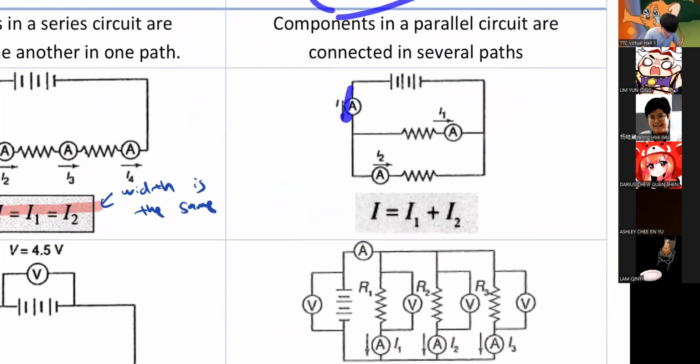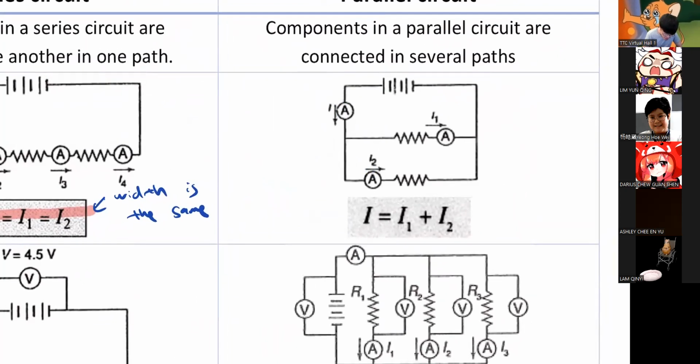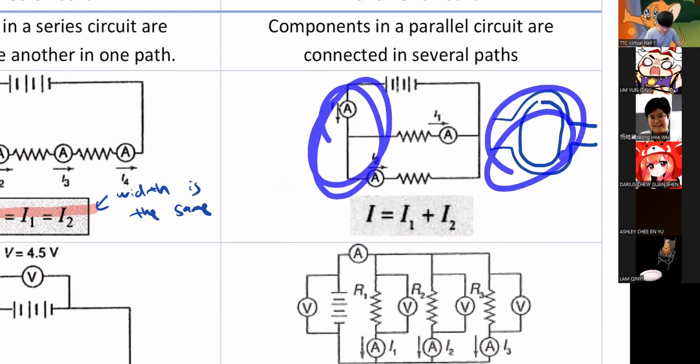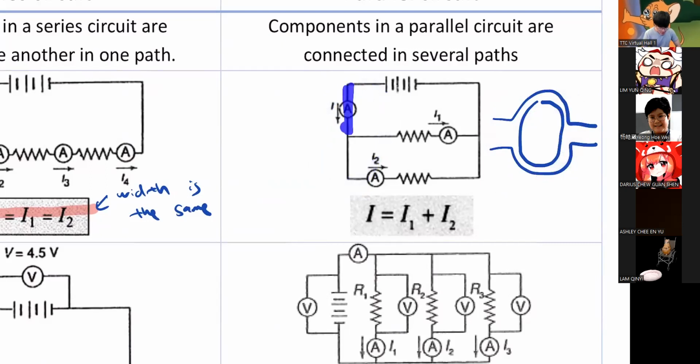Now you see my river split into two. Okay, if I draw it this way, that means my river looks like this. This is the main river, right?